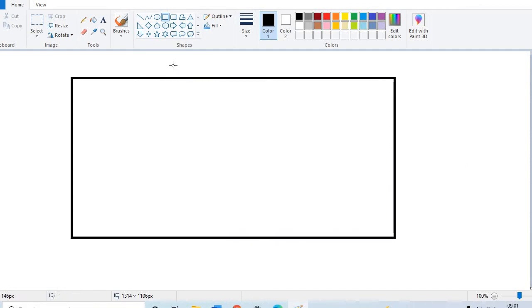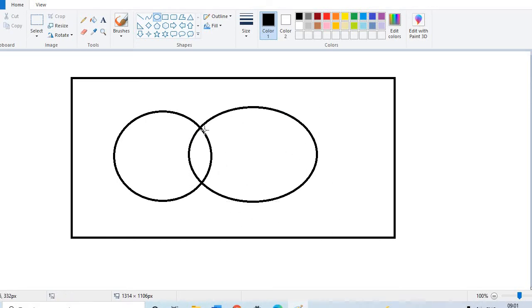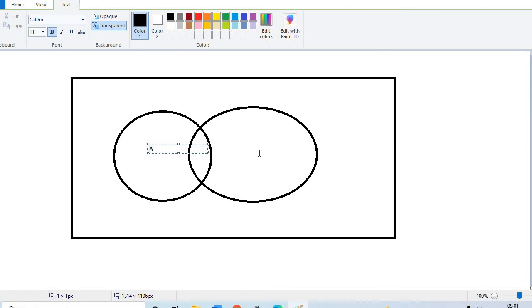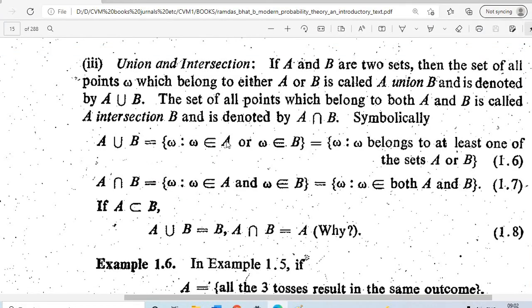Suppose this is the whole set, this is the A set and this is the B set. Including the elements in both sets A and B, we can consider it as a single set. That is what we usually call A union B.